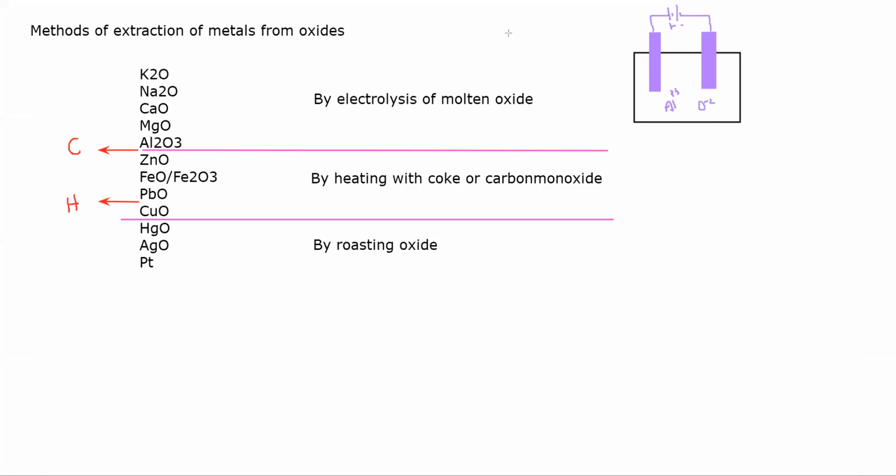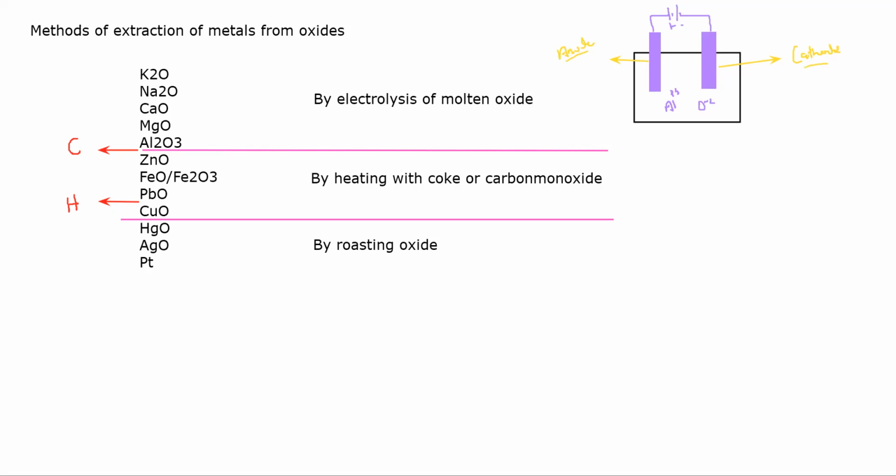The plate which is connected with the negative terminal is called the cathode, and the plate connected with the positive terminal is called the anode. Aluminium ions are positive.